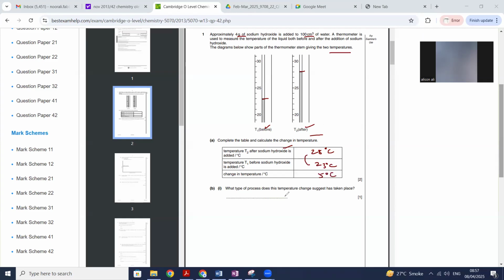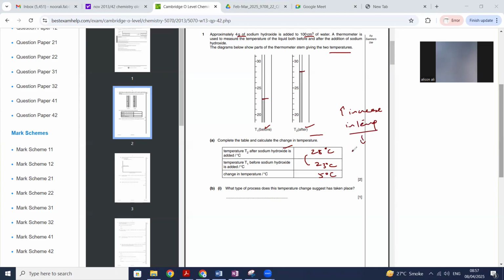Okay. Now what type of process does the temperature change suggest has been taking place? Since what has happened? After it is added, the temperature has risen. So if you remember, an increase in temperature shows what?